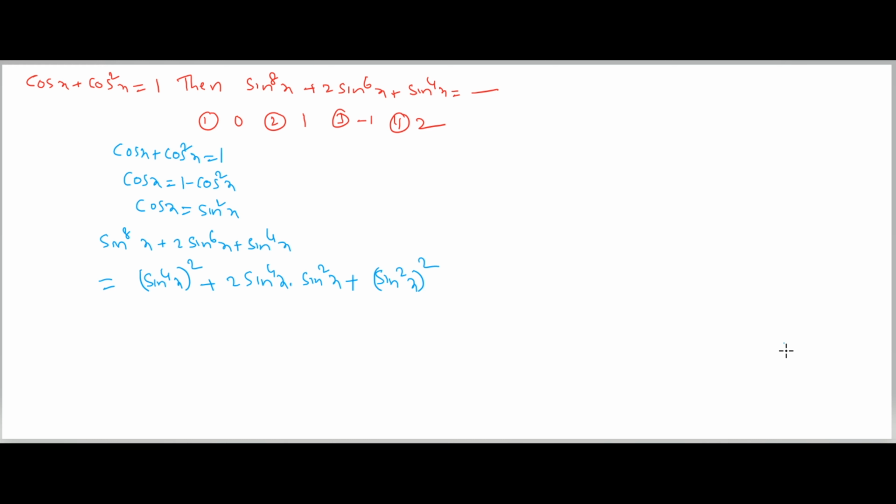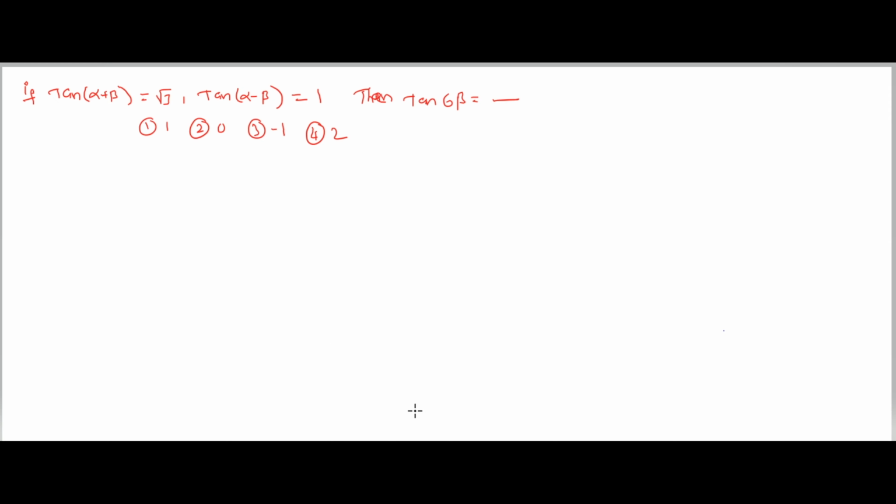It is in the form of a square plus 2ab plus b square, that is equal to (sin power 4x plus sin square x) whole square. Sin square x is cos x, sin power 4x is cos square x, so (cos square x plus cos x) whole square. Now given cos square x plus cos x is 1, so 1 square is equal to 1. The second option is the correct answer.